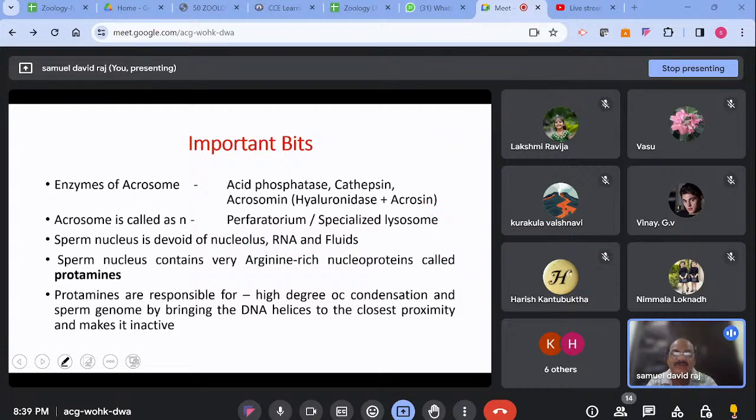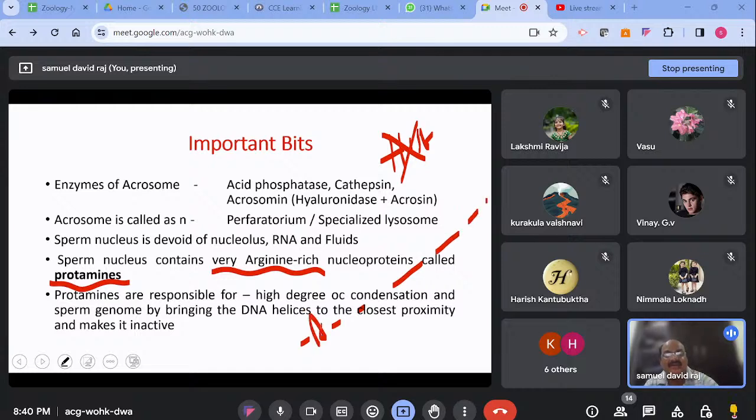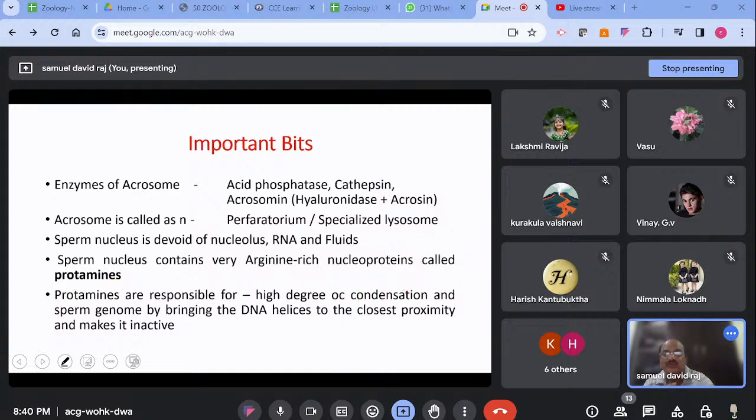Next, the sperm nucleus generally contains chromatin associated with histones. But here histones are replaced by another type of proteins called protamines. These are also nucleoproteins because they are associated with nucleic acids, and they are very arginine rich. That means a number of amino acids are present and most of them are arginine. Hence, we call it a very arginine rich nucleoprotein.